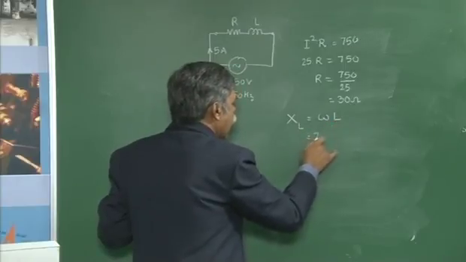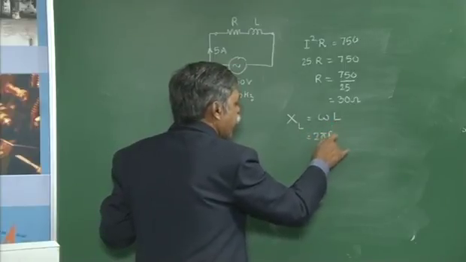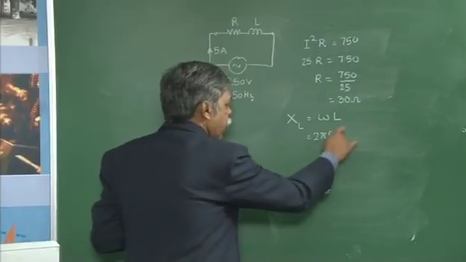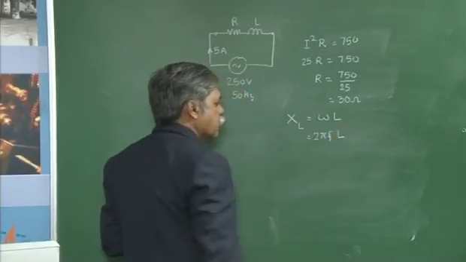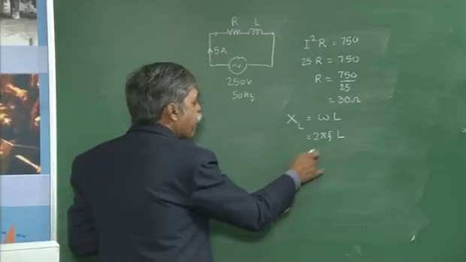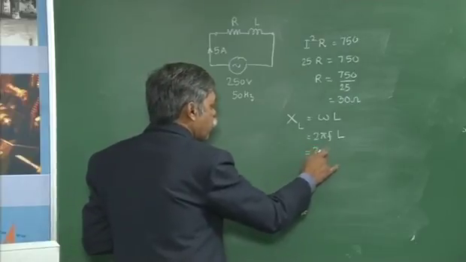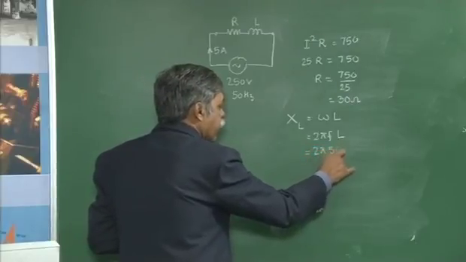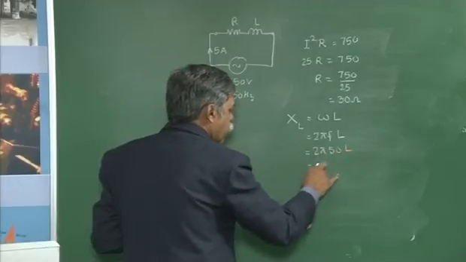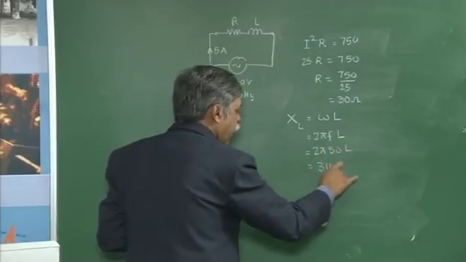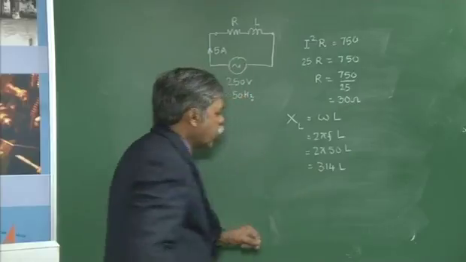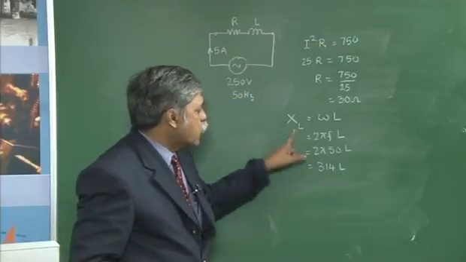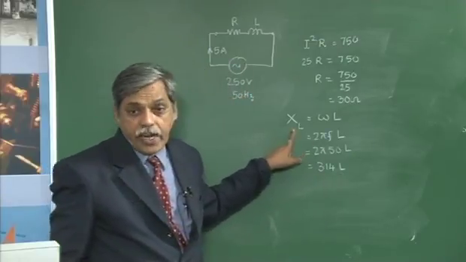I will write 2 pi f as the angular frequency multiplied by the inductance value. So f is 50 hertz, therefore 2 pi into 50 into L comes to be 314 L. To get the value of inductance, I should know the value of the inductive reactance.